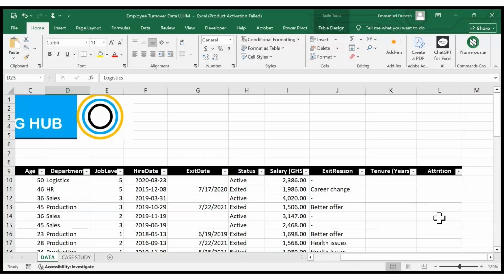We are going to have our risk band for the status of the employees. We will indicate those who have left the company with the number one and those who are still with the company with zero.